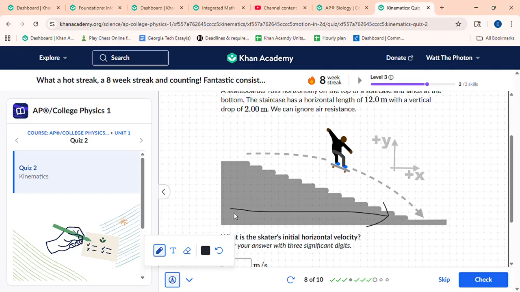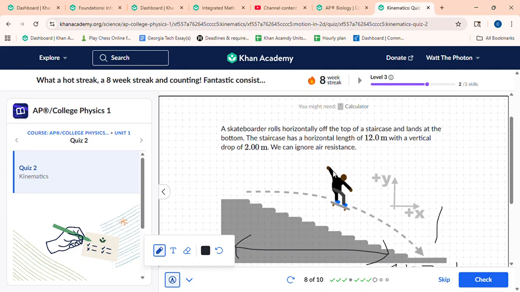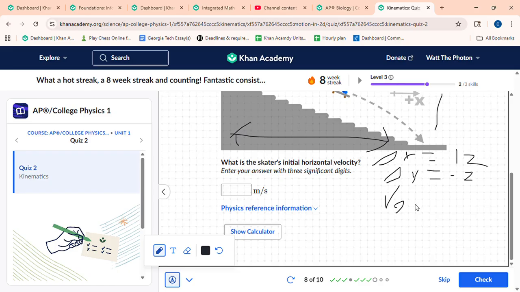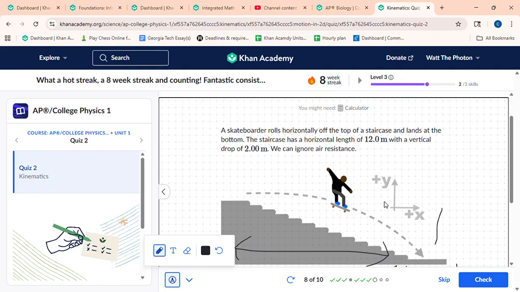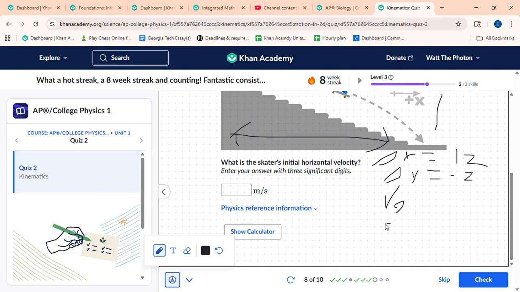He has delta x equals 12 and a vertical drop of 2, so delta y equals negative 2. We're trying to find v of 0. Acceleration is 9.8.